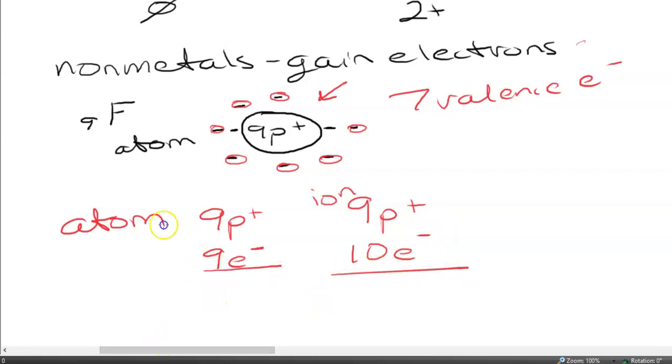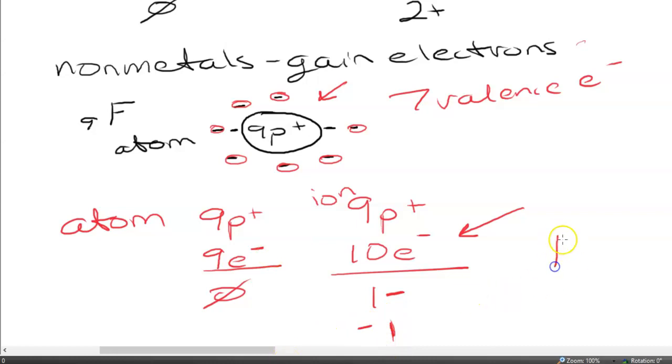As an atom, 9 protons and 9 electrons is neutral. But as an ion, now we have 1 extra negative thing. We've gained an electron, so the atom becomes more negative. It has a 1 negative charge. You can also write that as a -1 charge.